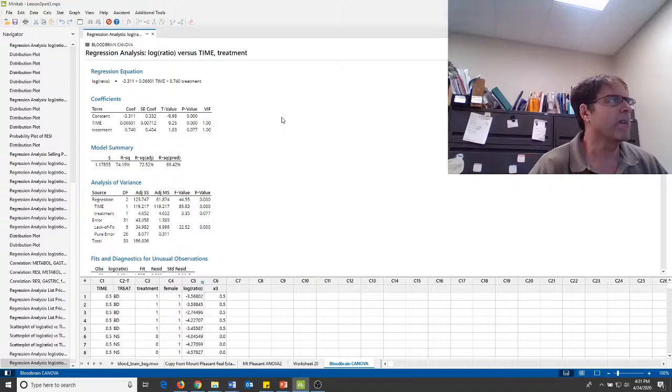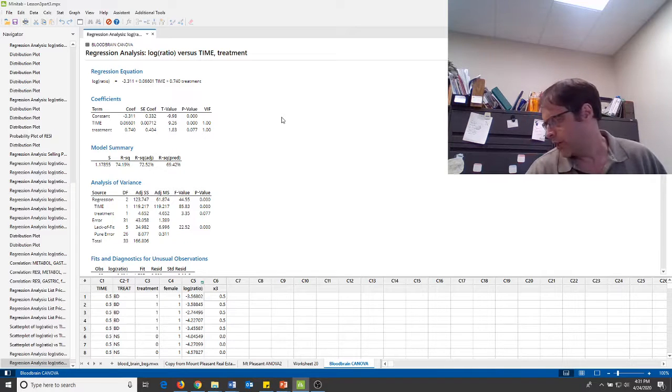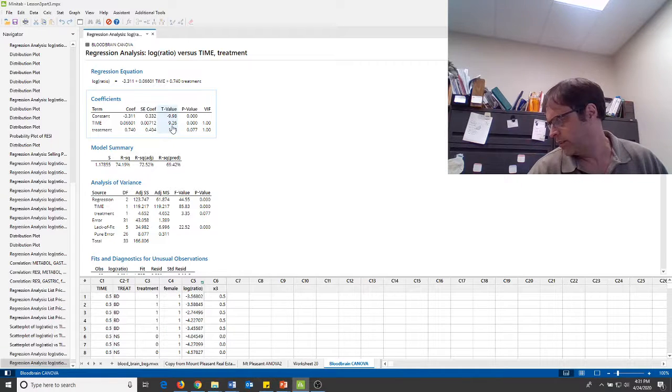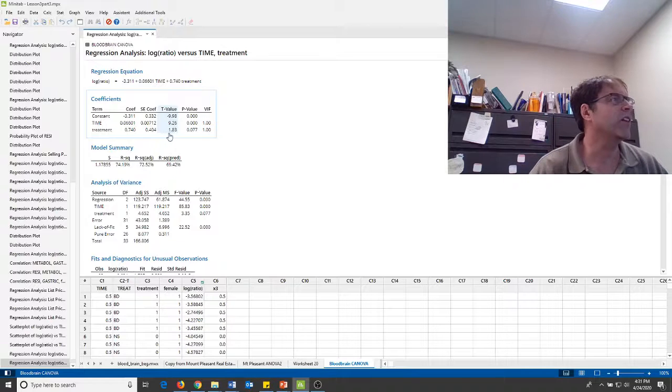So we're trying to see if the treatment works or not, and so we look at the treatment. We get a t-value of 1.83. 1.83 minus 0 over 0.404 gives us a p-value of 0.077.